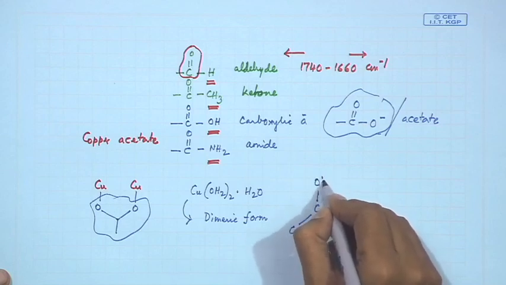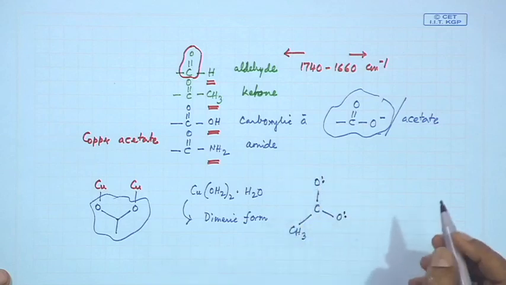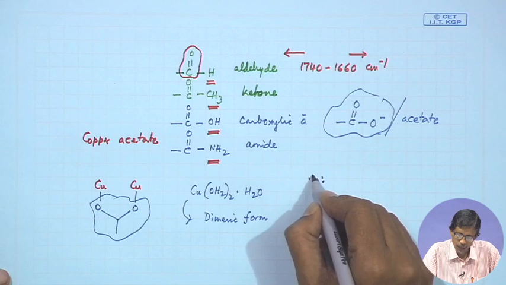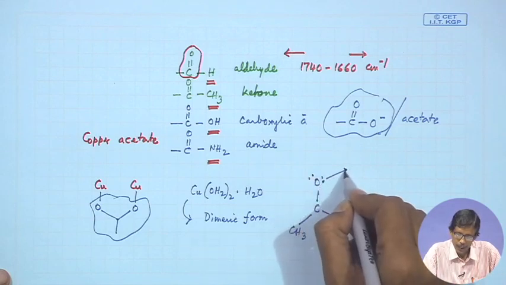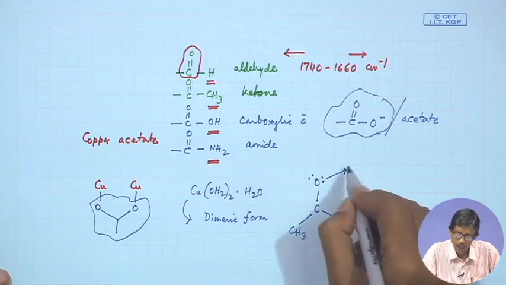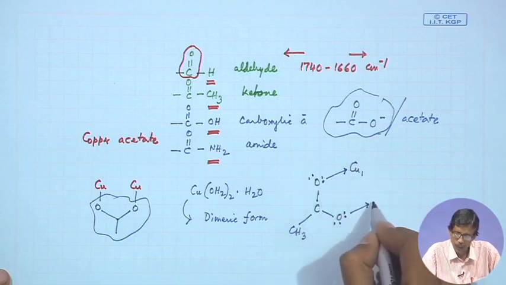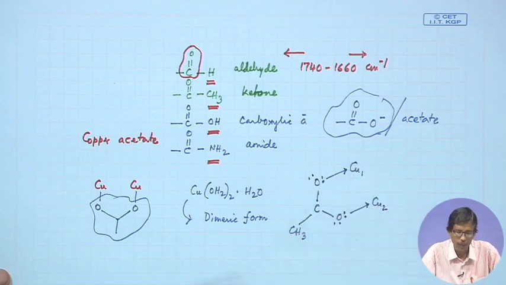So, if the available lone pairs are over here, it can also have other lone pairs over here. So, when this is binding to one copper, so this is copper 1, and this is binding to copper 2.